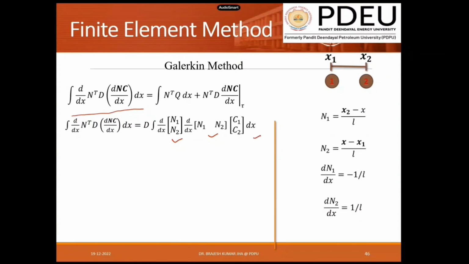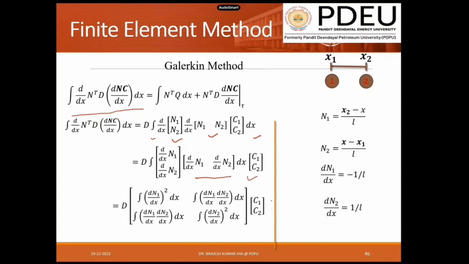So what we have done here, the whole problem is represented in the matrix form. Now, if your function is smooth, we can write d upon dx N1, d upon dx N2, that is d of N1 dx, d of N2 dx, and C1, C2 that can be handled here.